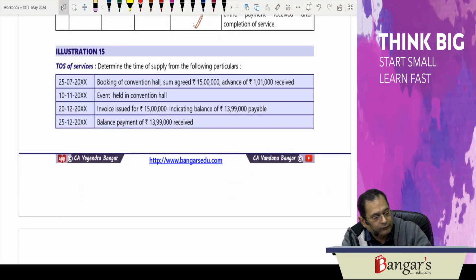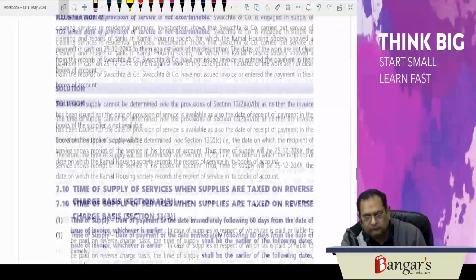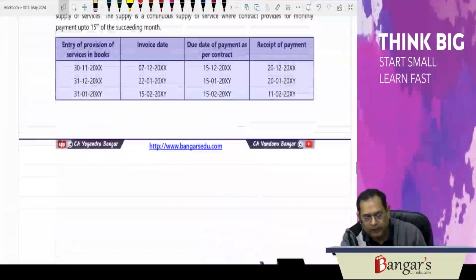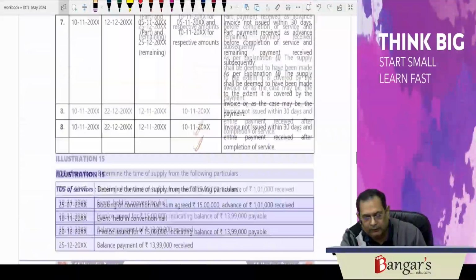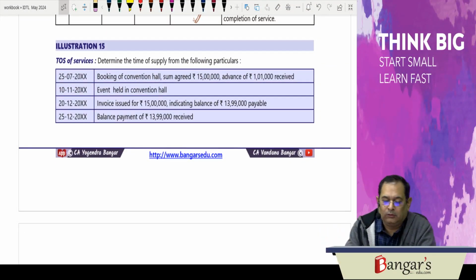Now, let us discuss one more question. Determine the time of supply from the following particulars. Now here, booking of the convention hall.